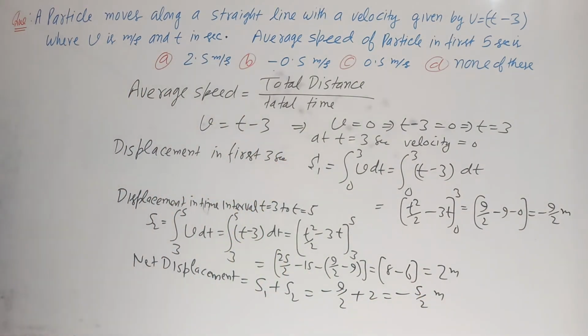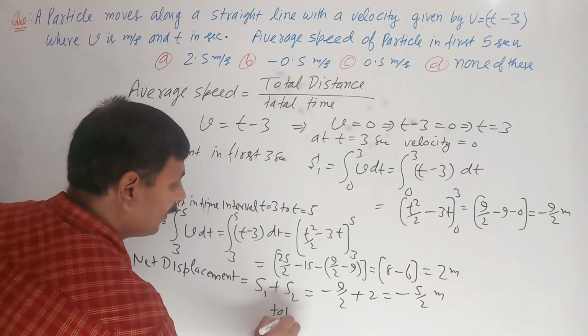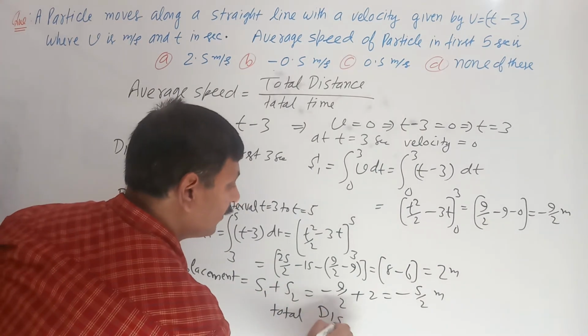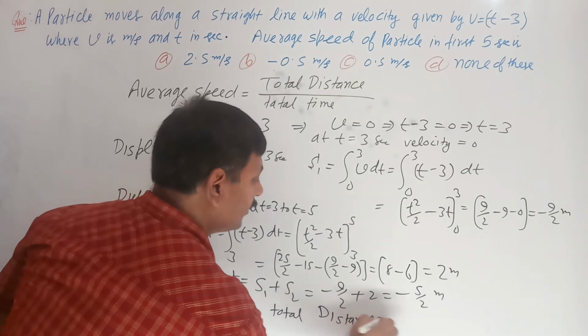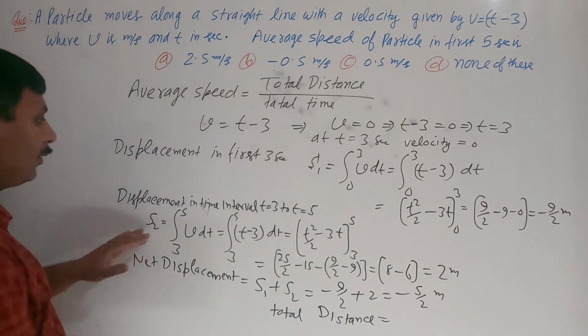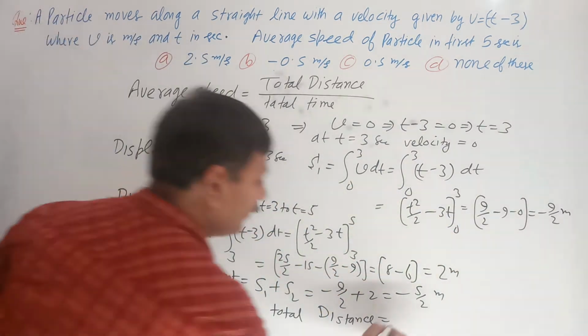But if you want to find the total distance, what will be the total distance? So we have to take the modulus form. Modulus of S1 plus modulus of S2, both we have to take positive.